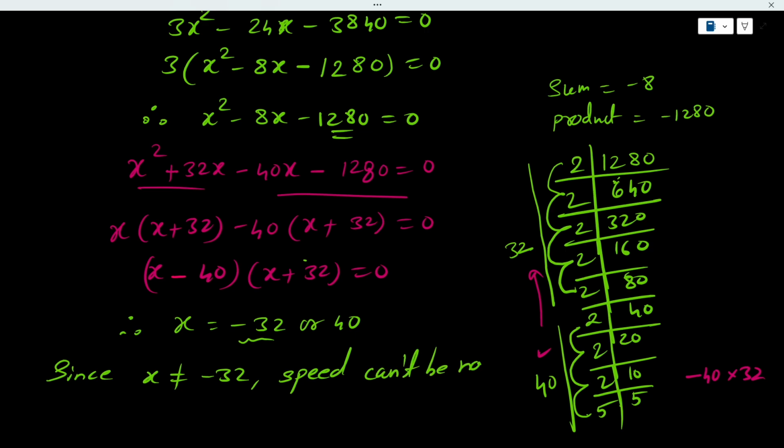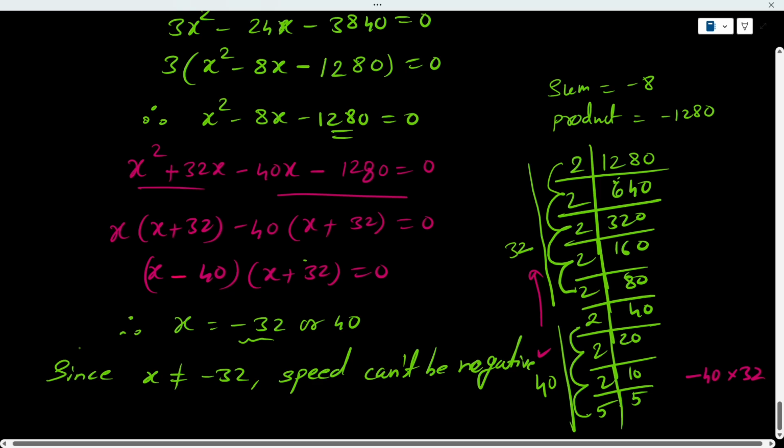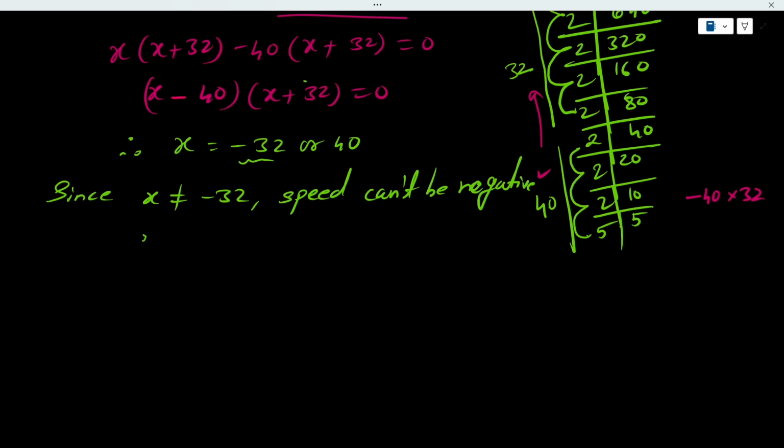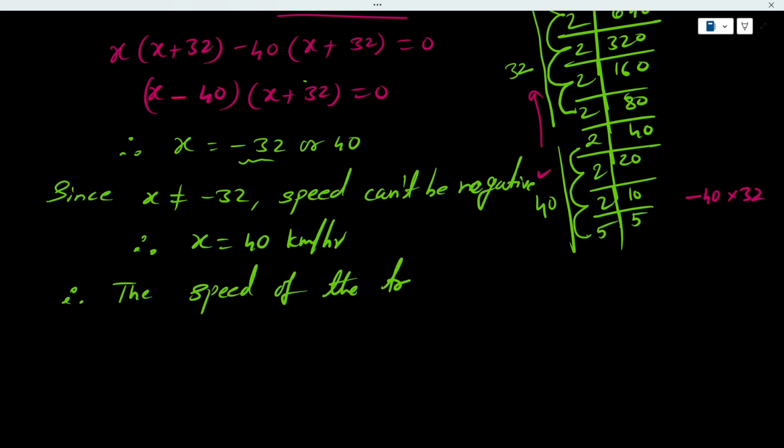You need to mention why you cannot consider this value. Therefore, your speed is going to be 40 kilometer per hour, right? 40 kilometer per hour. Therefore, the speed of the train is 40 kilometer per hour.